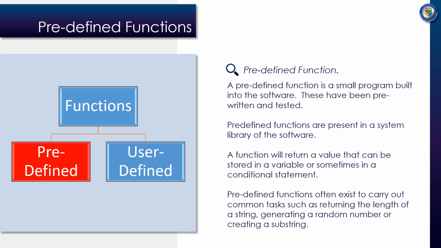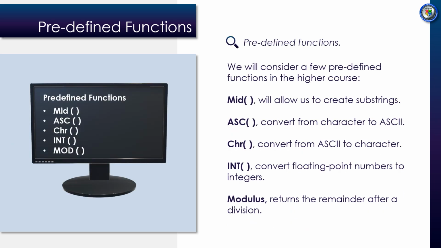Predefined functions often exist to carry out common tasks such as returning the length of a string, generating a random number, or even creating a substring. Within the higher course, we will look at a variety of predefined functions.